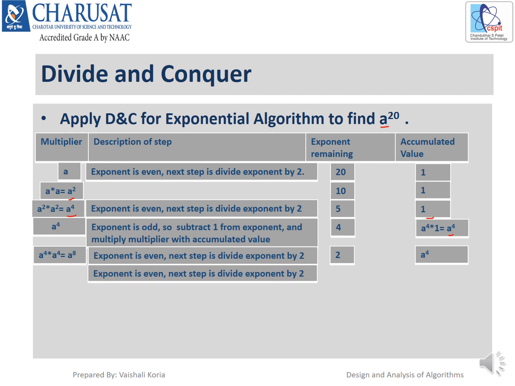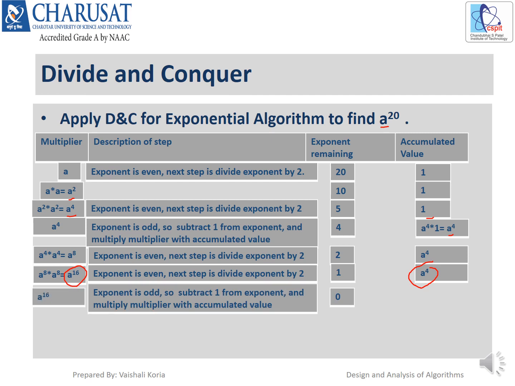So now the multiplier is a raised to 16. Okay, now the exponent is 1, so it is an odd number. So here in this case we have to multiply this multiplier and the accumulated value and store it in the accumulated value column. So now we are getting this a raised to 20 and exponent is 0. So we can see that this is the completion of our procedure.